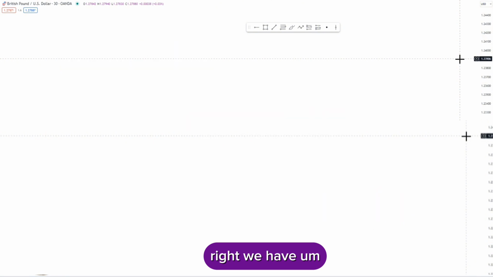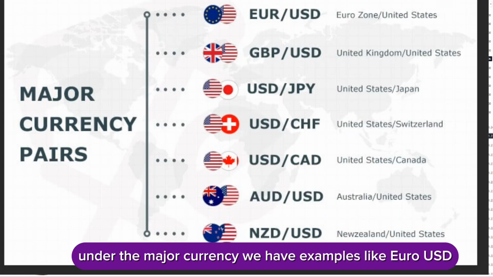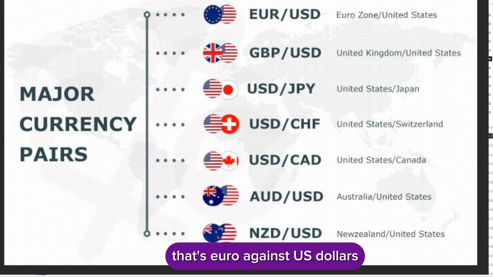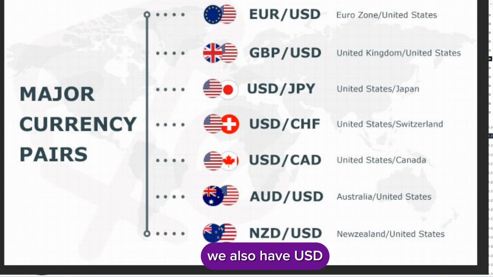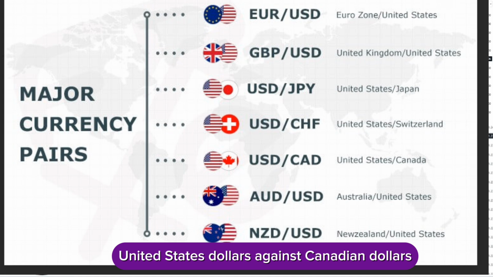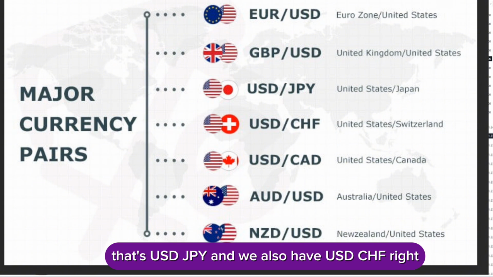Under the major currency, we have examples like Euro USD, that's Euro against the US dollars. We also have Great Britain pounds against the US dollars. We also have USD, United States dollars against Canadian dollars. United States dollars against the Japanese yen, that's USD JPY.